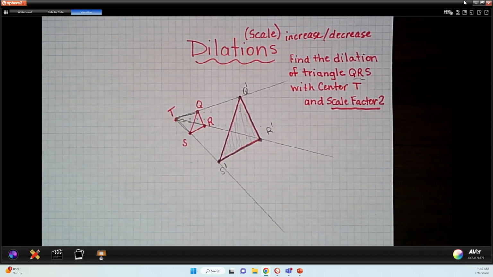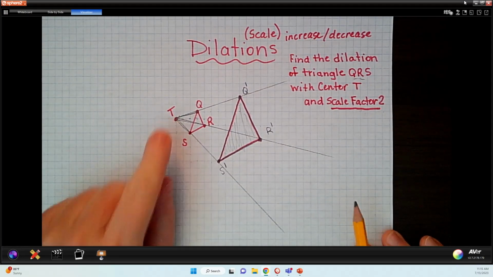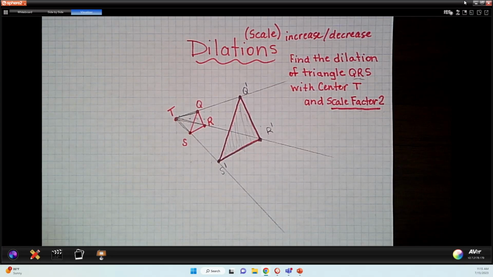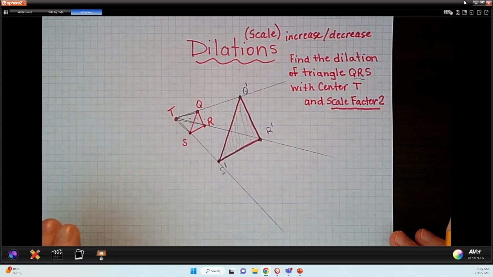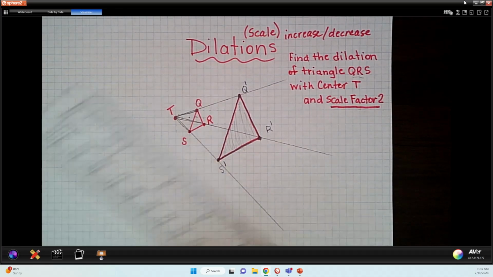Now, sometimes we can dilate from the shape, sometimes we can dilate from a point, and when we get into coordinate planes, we'll dilate from locations on a graph. This can get a little tricky, so having a ruler and having graph paper is a really good tool to have.